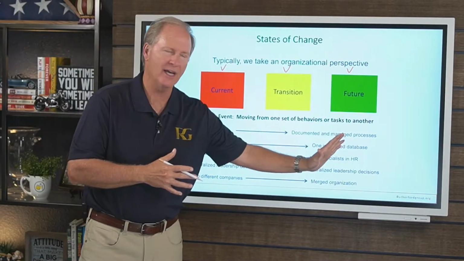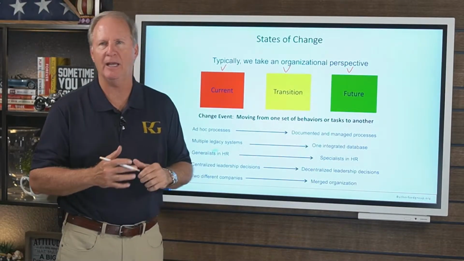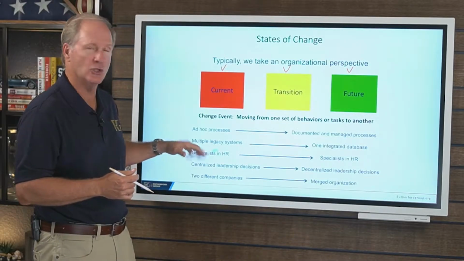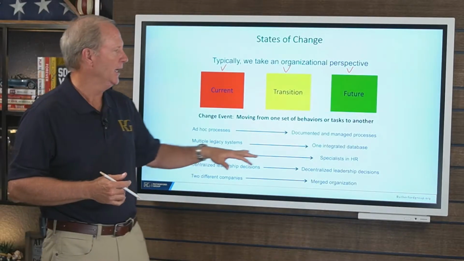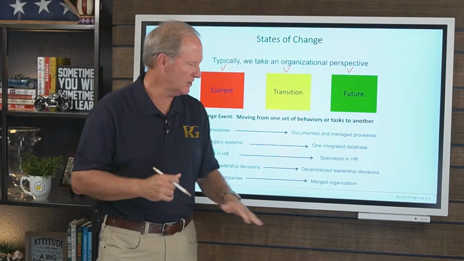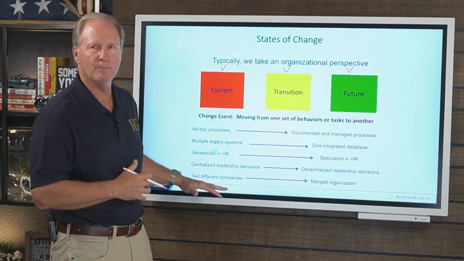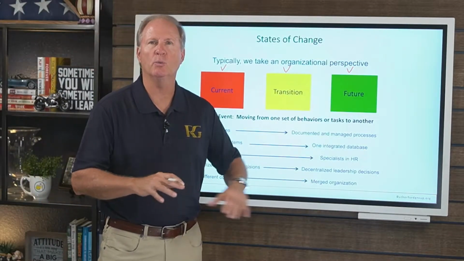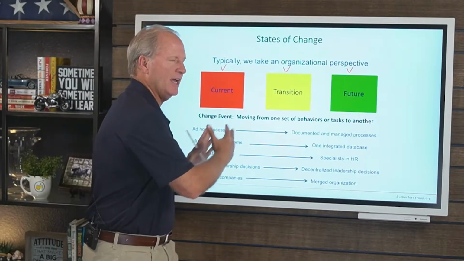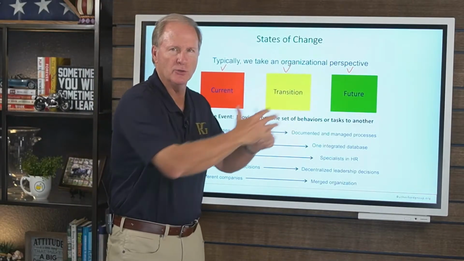In the future state, we want to be doing documented and managed processes. Another example might be we're going to be generalists in HR today. We want to move to specialists in HR in the future. Another example, we're two different companies today, and in the future we want to be one merged organization. So we're moving from one set of behaviors to another, current state to future state.